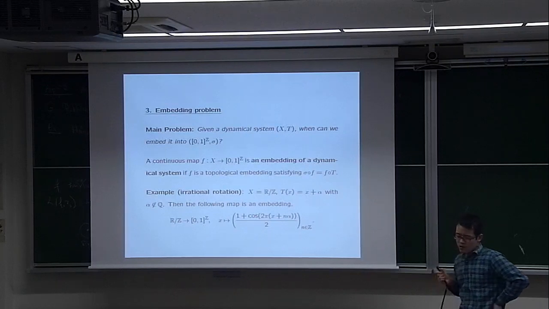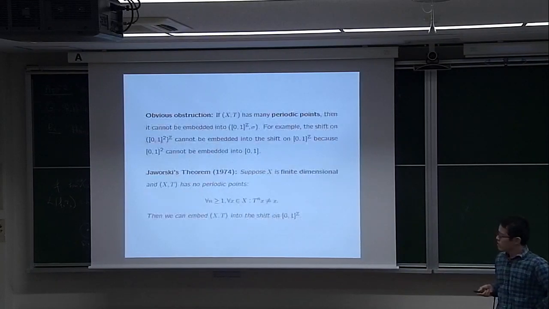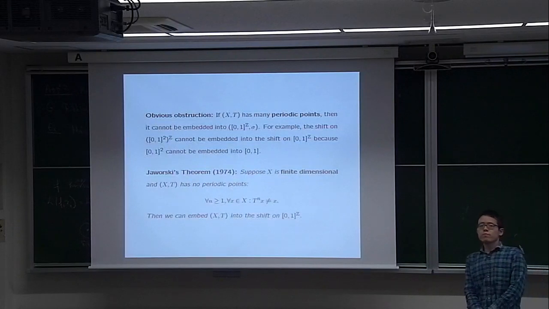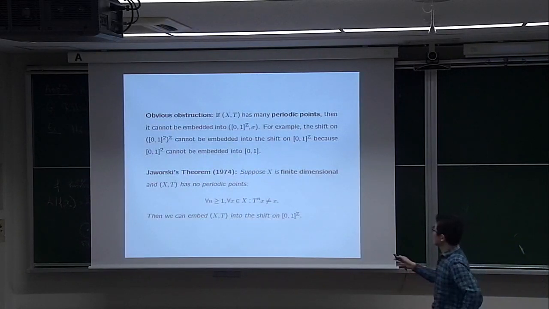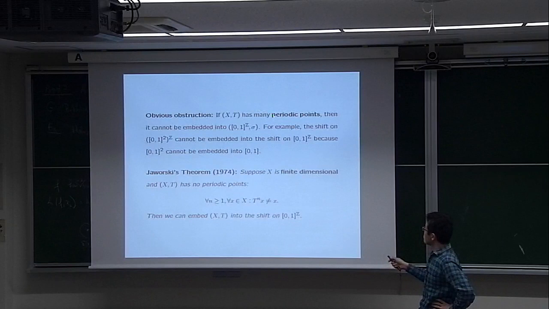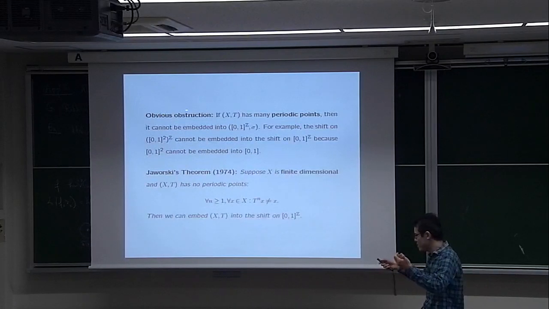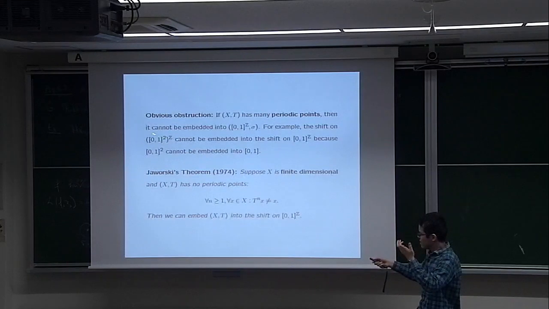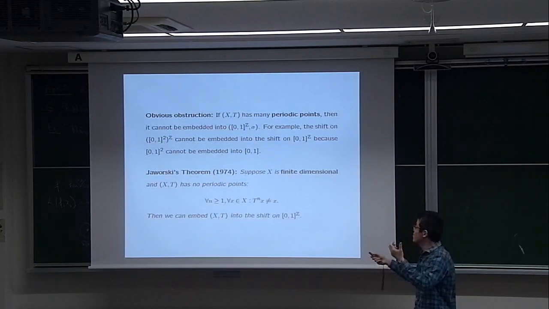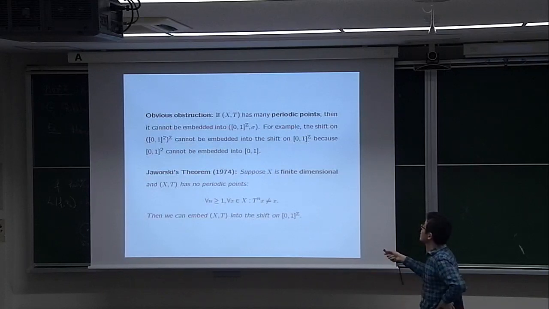So what is the obstruction to embedding? The obvious obstruction comes from periodic points. Namely, if a dynamical system (X, T) has many periodic points, then it cannot be embedded into the shift on the Hilbert cube. For example, consider the shift on this infinite product with a square. In some sense, this is twice bigger than the Hilbert cube.